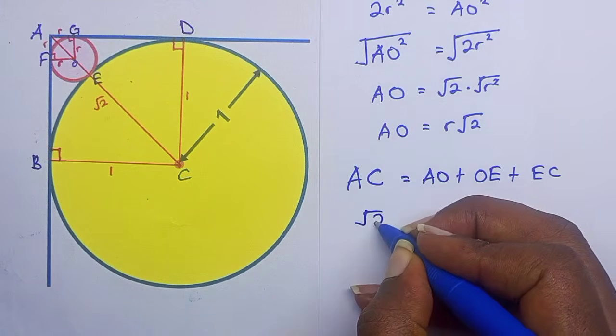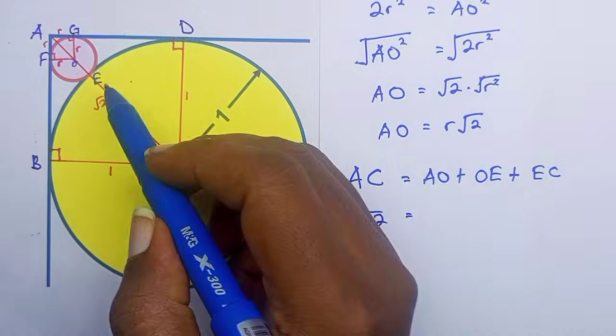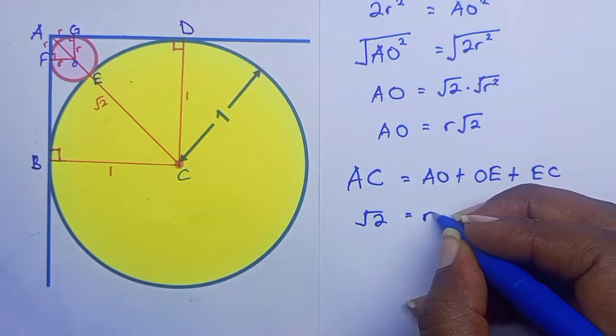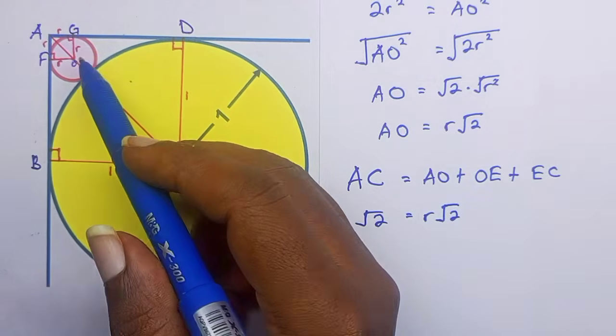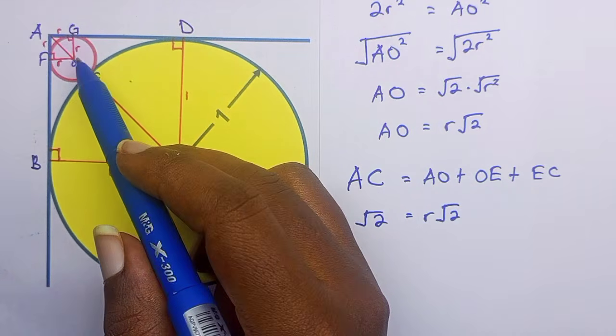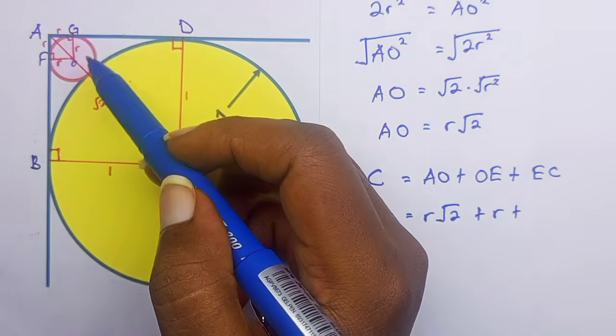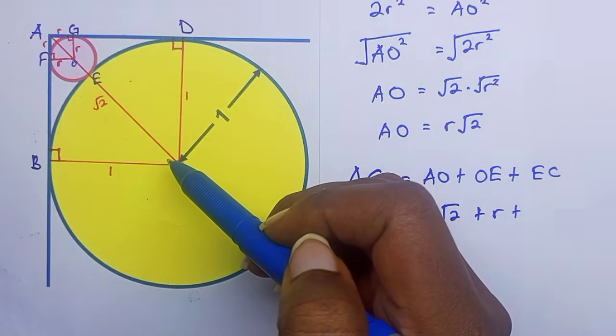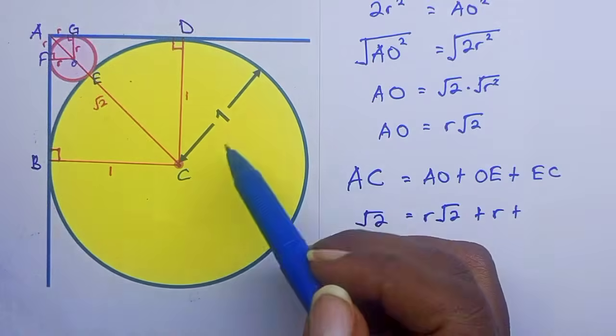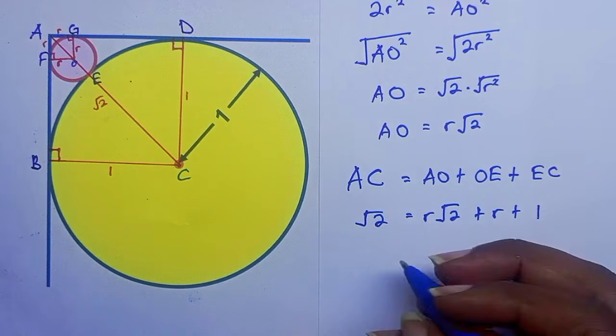So root 2 is equal to our AO, which we have got as r root 2, plus our OE, which is the radius of the small circle, r, and our EC is the radius of the big circle, which is 1.